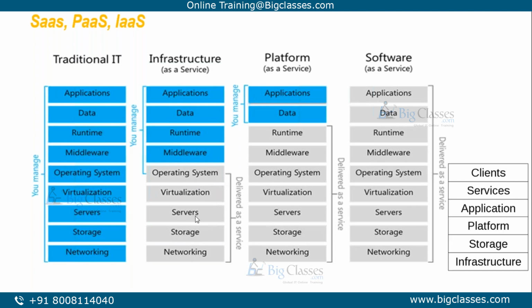So when they offer infrastructure as a service, what is the advantage for us? The main advantage is we don't need to worry about the server power cabling. We don't need to worry about the storage, how the storage is mounted, what the mechanism is, or the networking and what ports they are using.